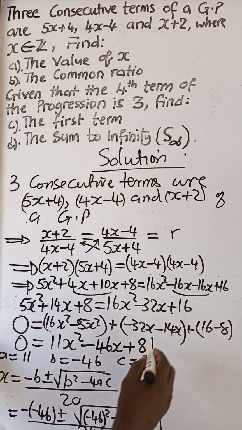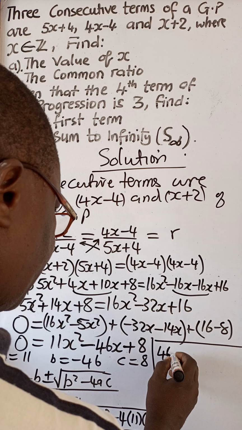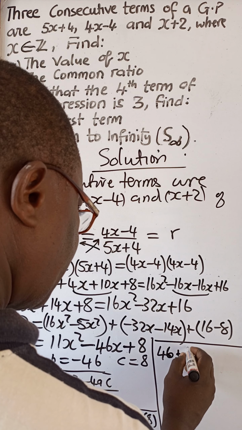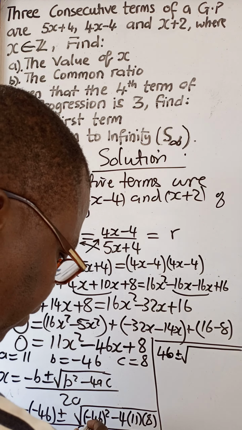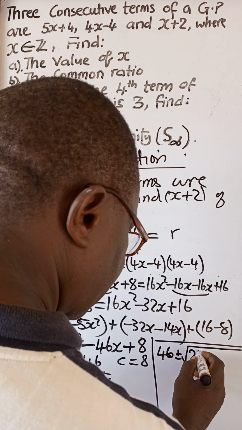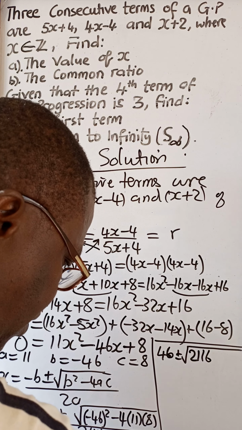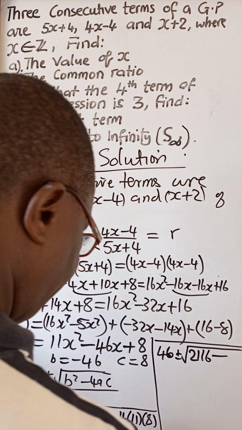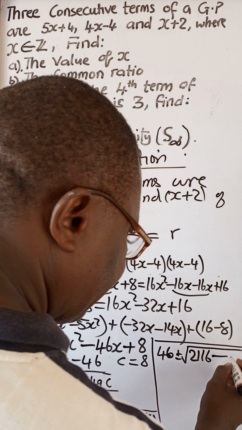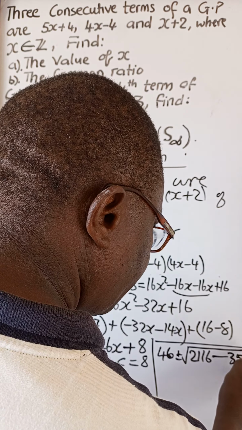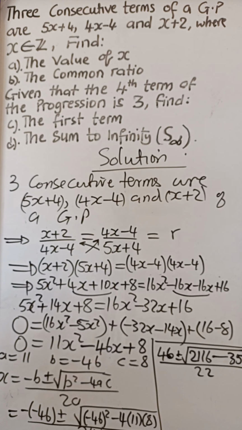So negative gives us positive, so we have 46 plus minus the square root. Negative 46 squared is 2116, minus 4 times 11 is 44 times 8 is 352. All of that divided by 22. 2 times 11 is 22.